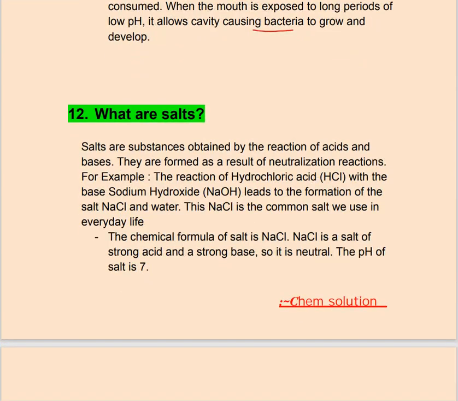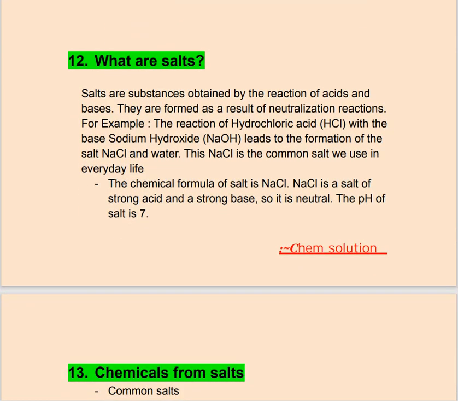Next, what are salts? Salts are formed in a neutralization reaction. Acid reacts with base to give salt. Example HCl plus NaOH. This is a strong acid and this is a strong base. It will react to give the salt NaCl.